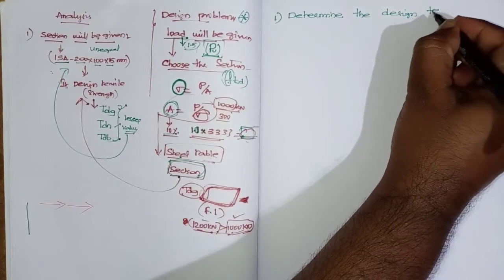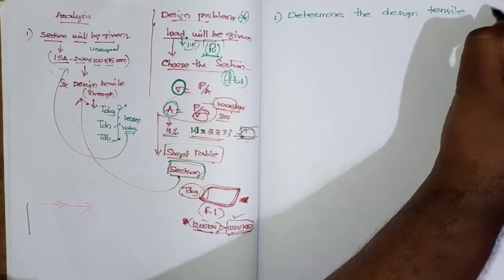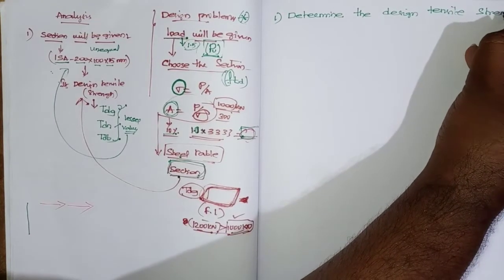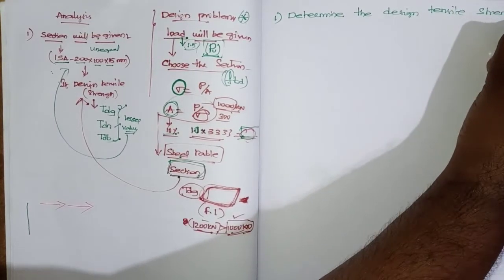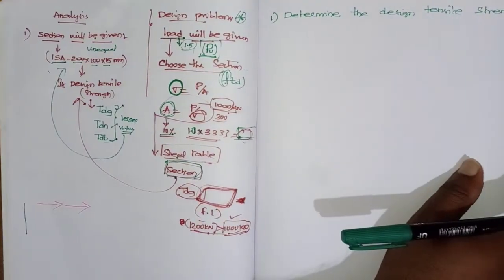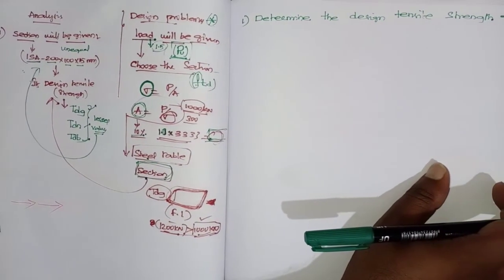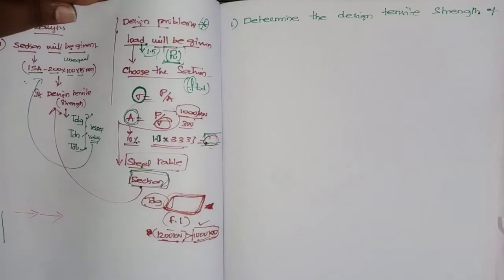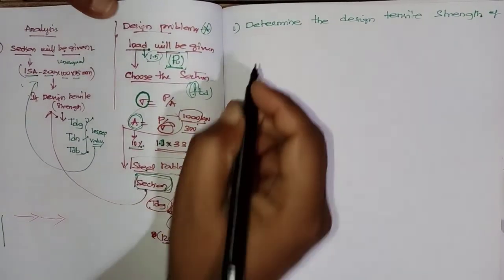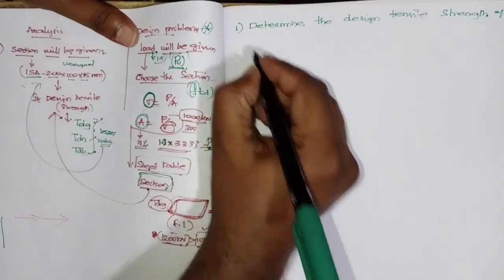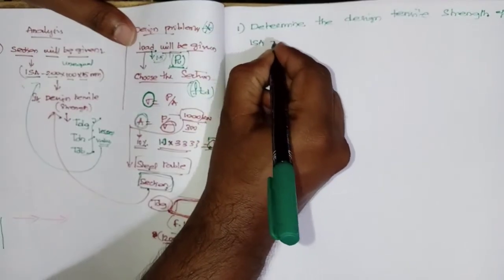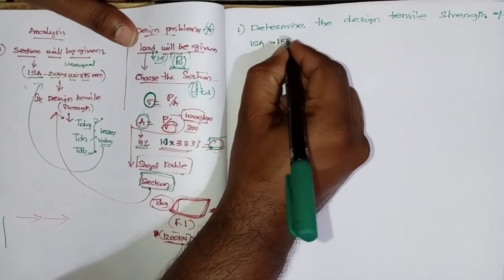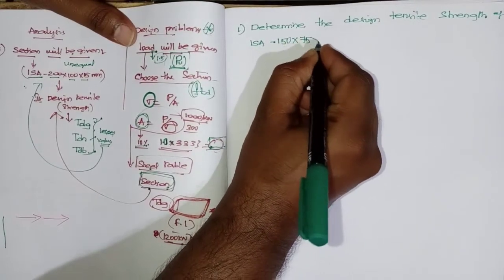Determine the design tensile strength of ISA 150 by 75 by 10 mm.